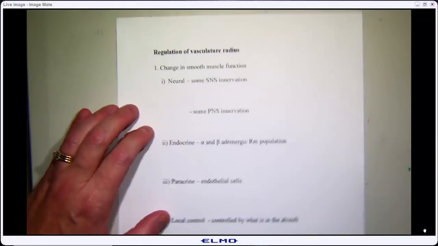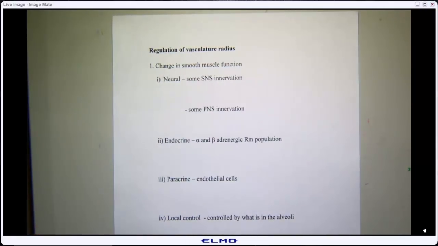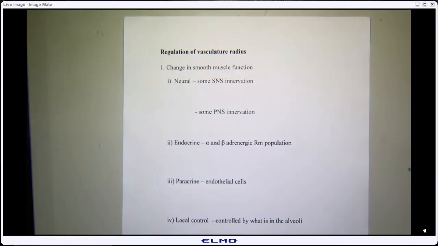All right, so let's think about regulation of the radius, because obviously flow across that capillary bed is going to be dictated by those arterioles. So we need to think about the regulation of the vascular radius.